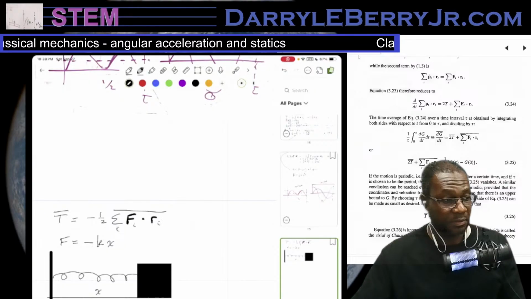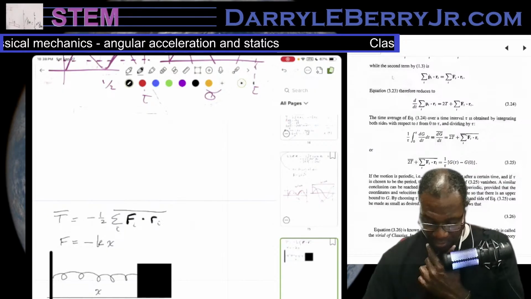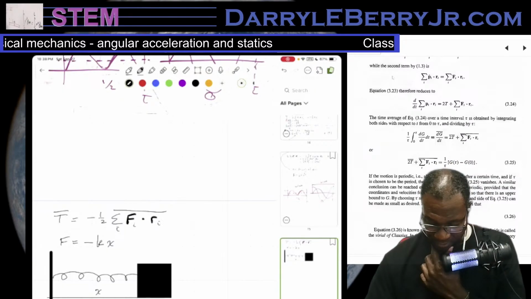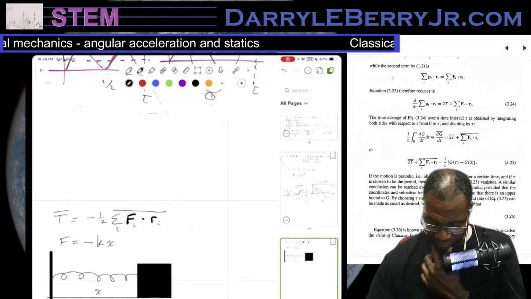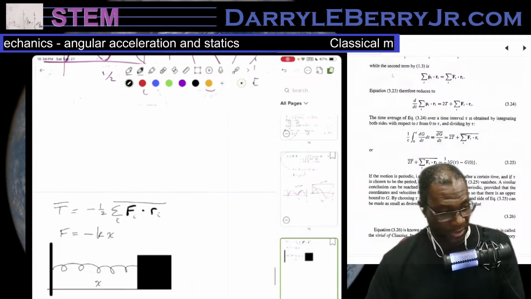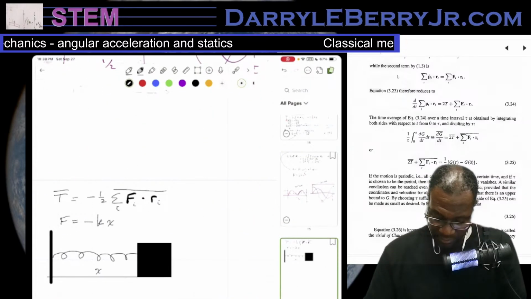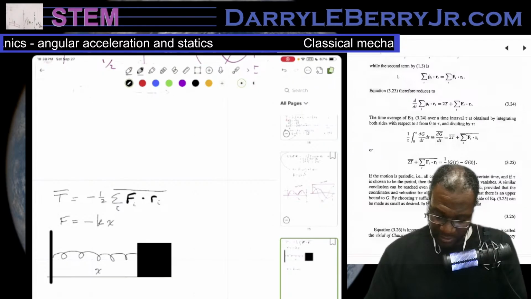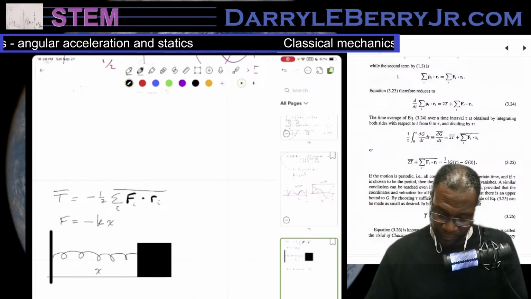And so what I need to do is actually apply the Virial theorem to this. So utilizing Hooke's law, x is going to be A cosine of omega t minus phi, whatever initial shift I give it.